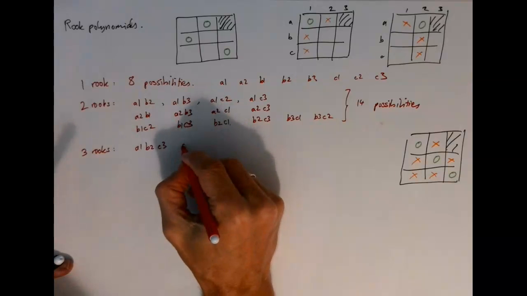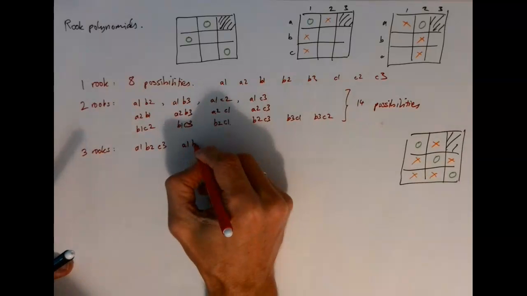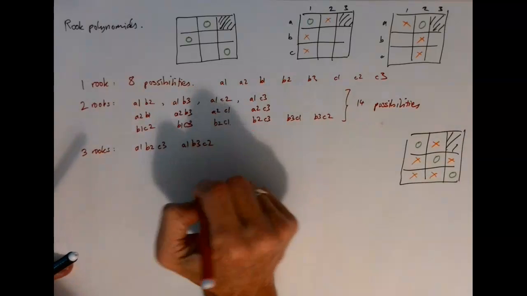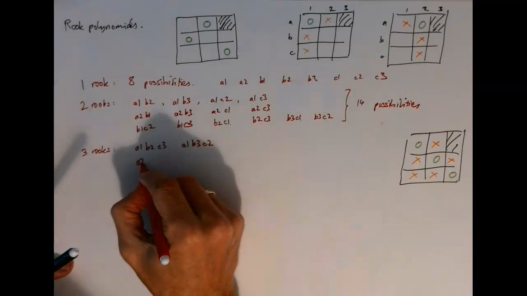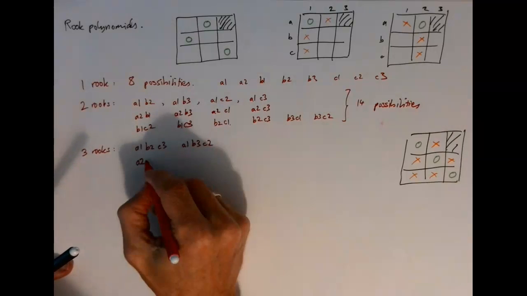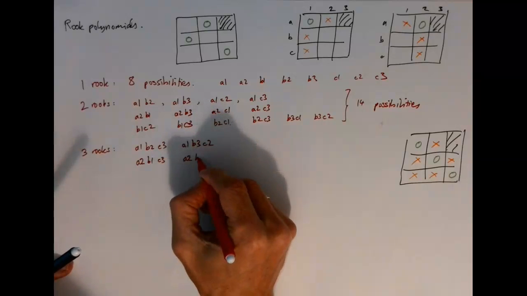Or instead of going there, we could have gone there. So we could have A1, B3, and then you're forced to do C2. Or you could do A2, B1, C3, or A2, B3, C1.